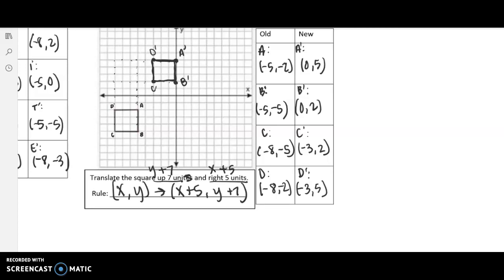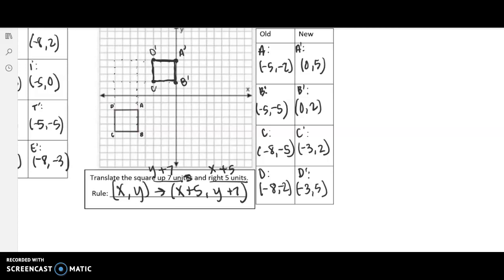So my old point was at negative 5, negative 2. So I'm going to add 5 to my x. So negative 5 plus 5 is 0. And then I'm going to add 7 to my y. So is that negative 2? Negative 2 plus 7 does give me a positive 5. Negative 5 plus 5 gives me 0.